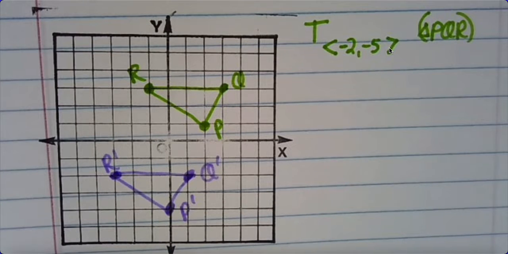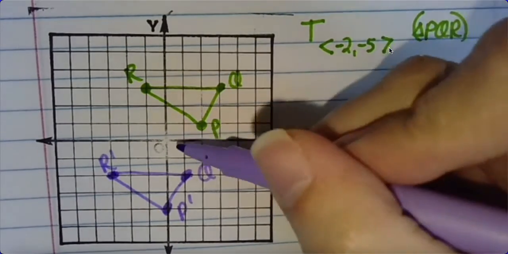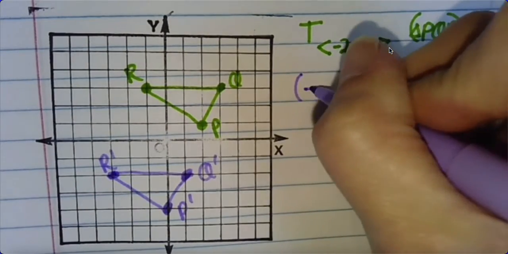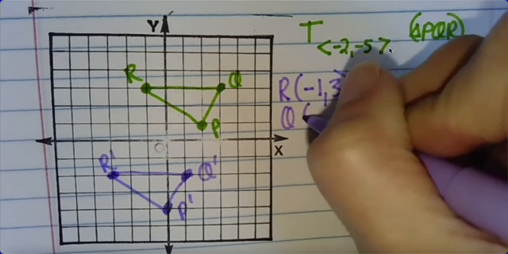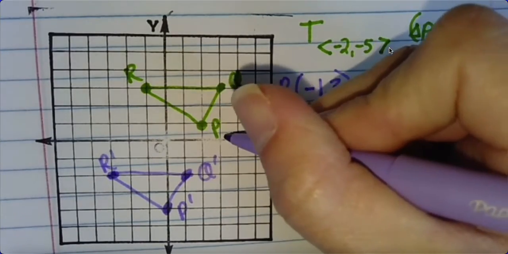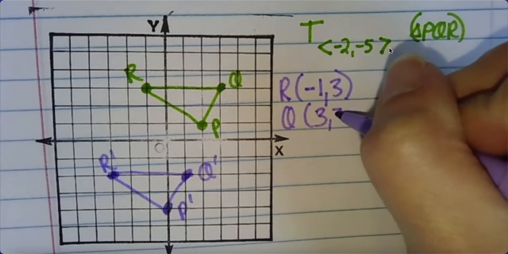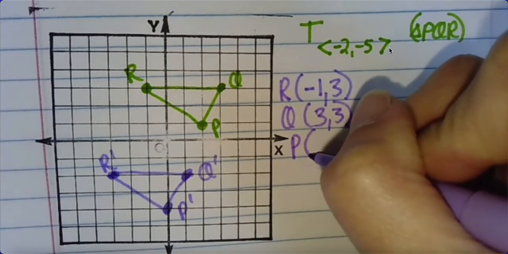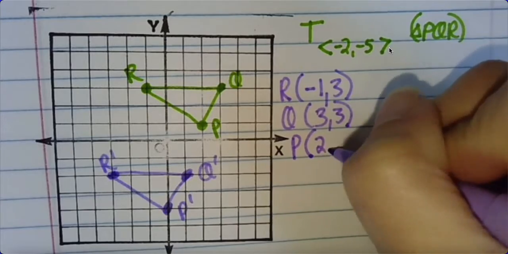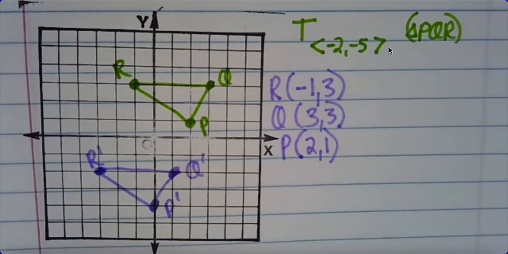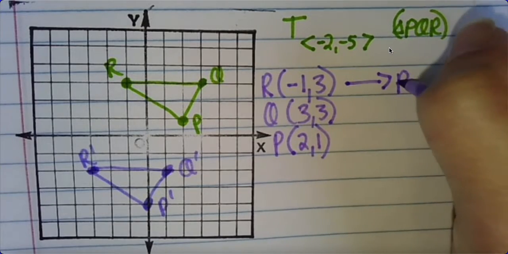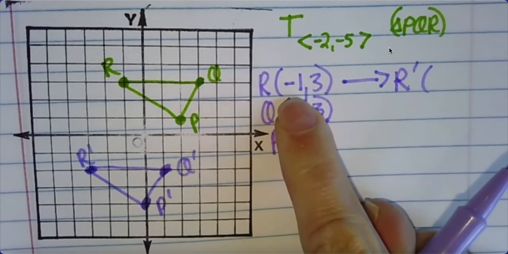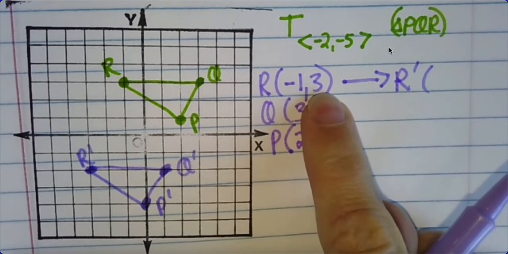Okay, now what they want you to do is to name your points. So like R is at -1, 3, yeah. Q was at 1, 2, 3, 1, 2, 3. And P was at over 2 and up 1. Now, they wanted you to name your points, and then they wanted you to say, okay, that one goes to the left 2, and that one goes down 5.